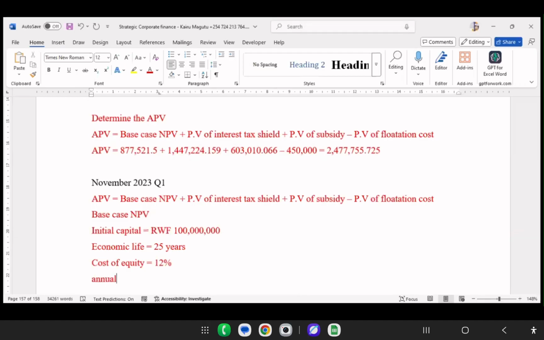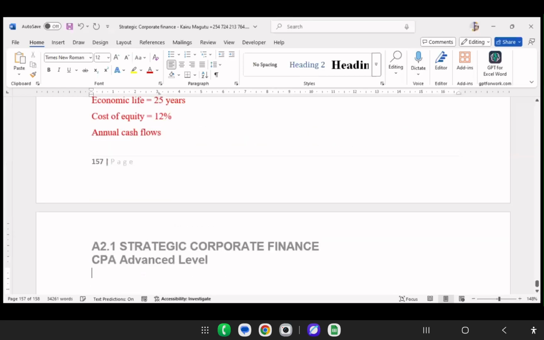Then we determine the annual cash flows. We have the earnings before depreciation and tax. If I check my question, we are told that it predicts it will earn earnings before interest, tax, and depreciation amounting to 14 million.